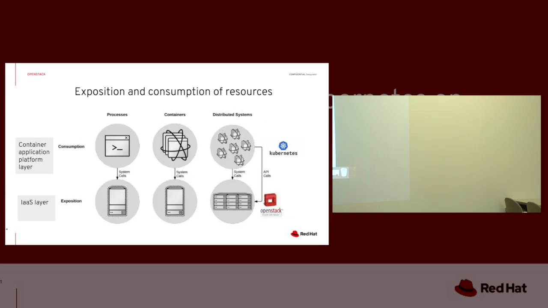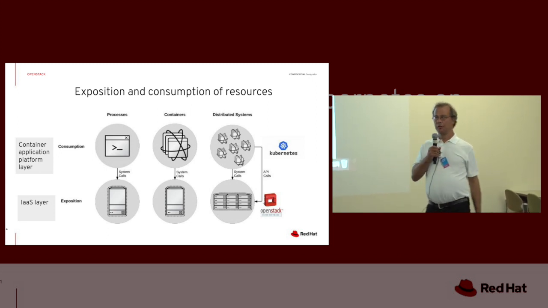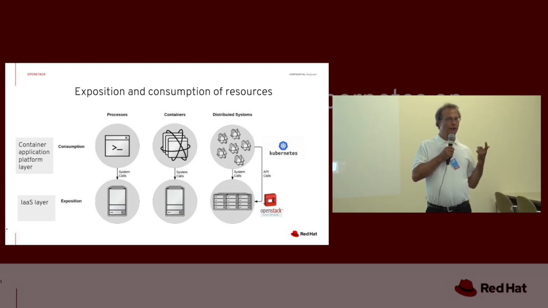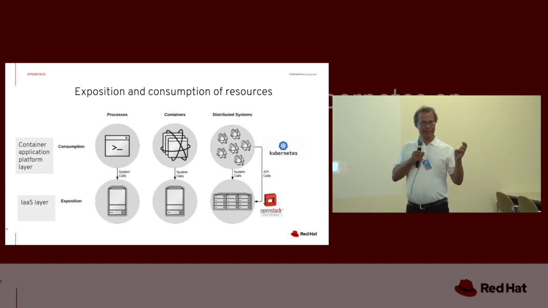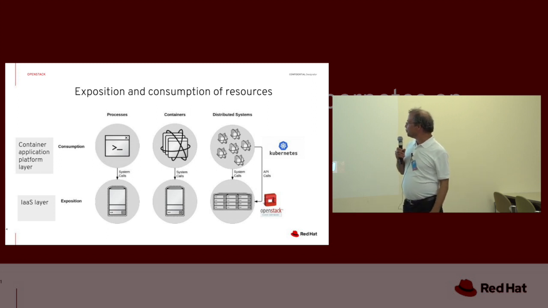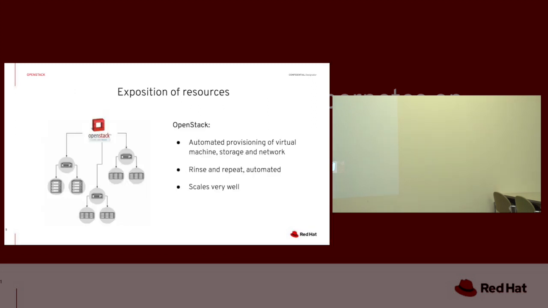So why do you want to do it this way? What is the benefit of having that OpenStack layer there? OpenStack is doing that automation and exposition of those resources. The compute, storage, and networking is exposed and then consumed by the Kubernetes on top. The advantage is automation. Automation is everything that's required in the data center today.